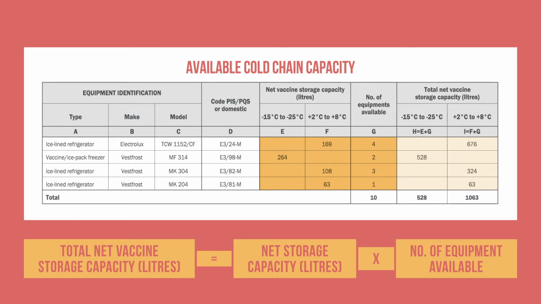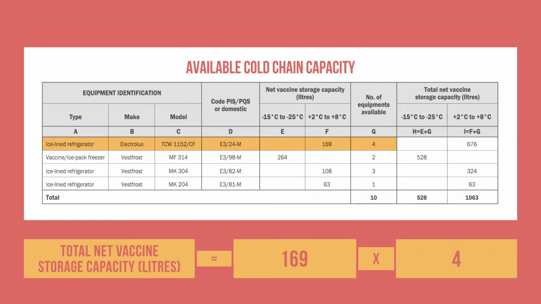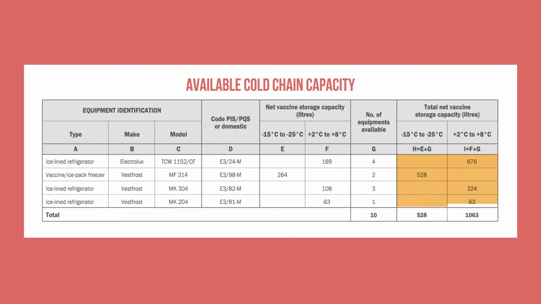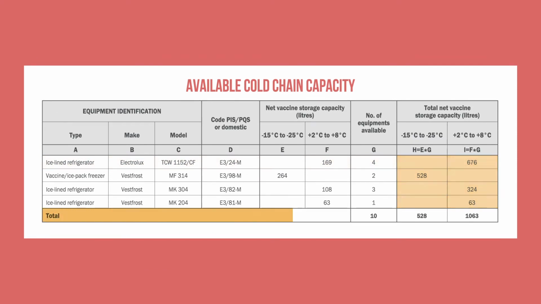For example, one type of ice-lined refrigerator holds 169 liters. There are 4 of this type of refrigerator holding a total net volume of 676 liters. For each type of equipment, record total net vaccine storage capacity in the appropriate temperature range column.